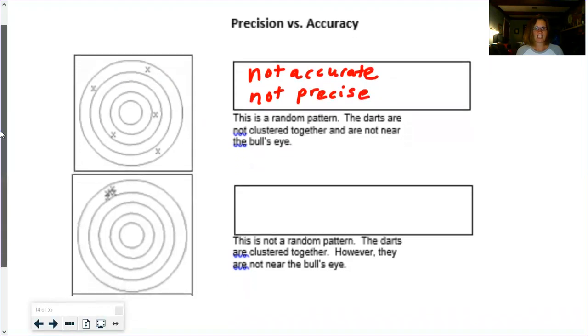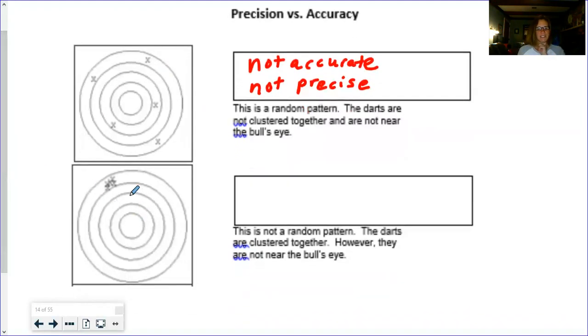As we look at the next dartboard, we see again that we have no X's in the center. So by the same logic as the previous example, we would say that this is not accurate. No bullseyes. But what's different in this one is that all of the dart throws, all of the X's, are clustered in one space, which means that someone was reproducibly able to get this result.